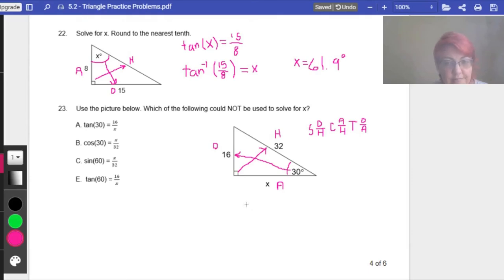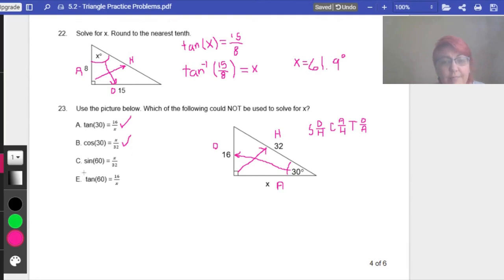Now, let's take a look. Tan of 30 is O over A, or 16 over X. That can be used to solve for X. Cos of 30, adjacent over hypotenuse, X over 32. That one works. But now they're talking about 60.